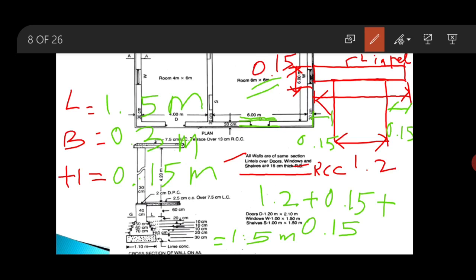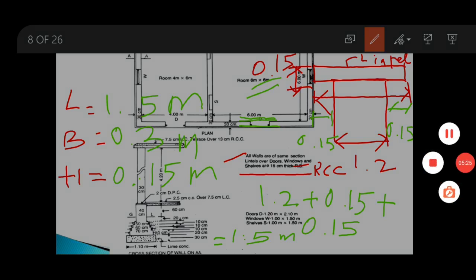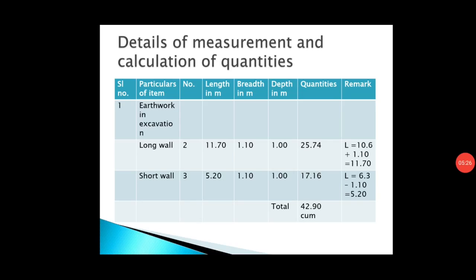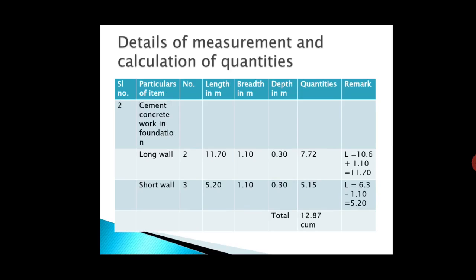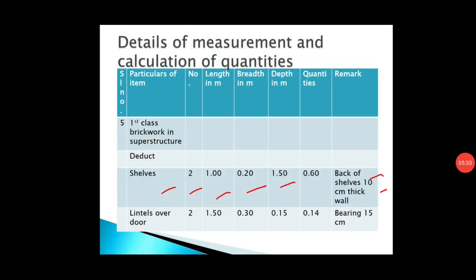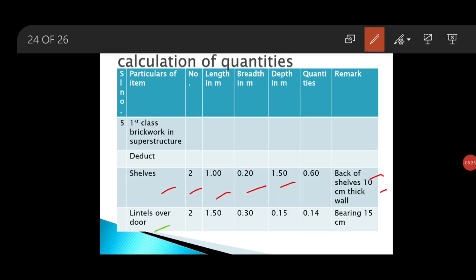Okay. Now, we will move to our details of measurement form. In details of measurement form, first we will go for lintel over door. So, lintel over door will be of number 2. There are 2 numbers of door, that means 2 numbers of lintel.